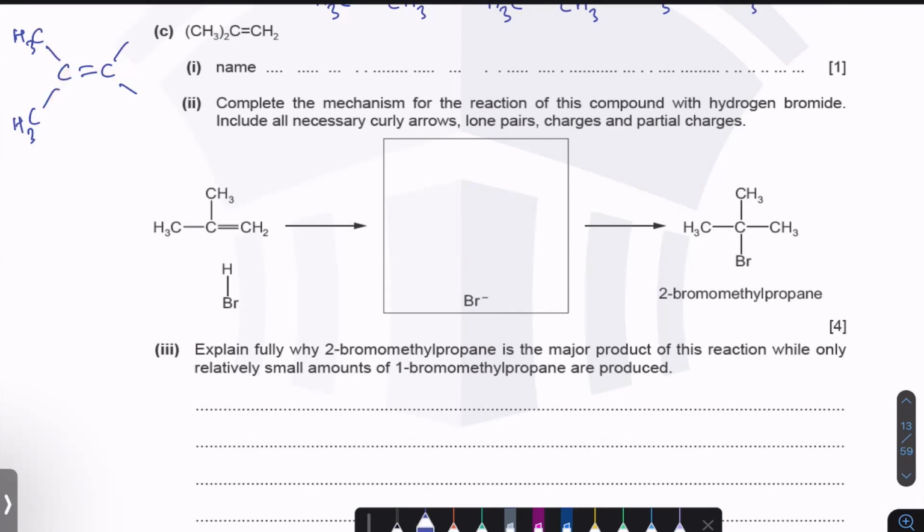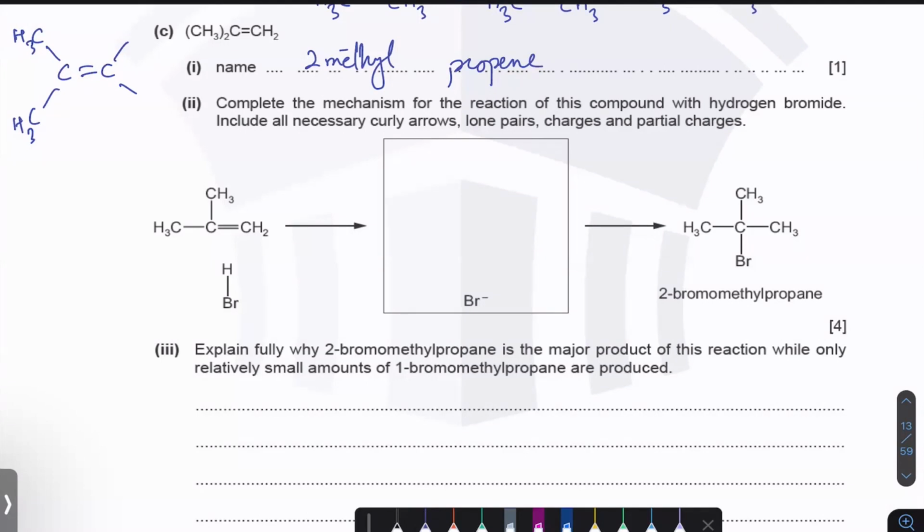So this is going to be 2-methyl propene. Interestingly, I don't need to say prop-1-ene, because whenever a 1 comes up we don't write it. And secondly, in this case, there can be no confusion. From this side it will be on 1, from that side it will also be on 1. Doesn't matter. All right, now let's do the mechanism.